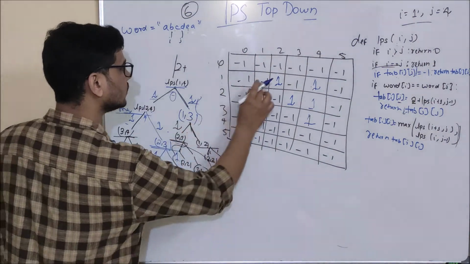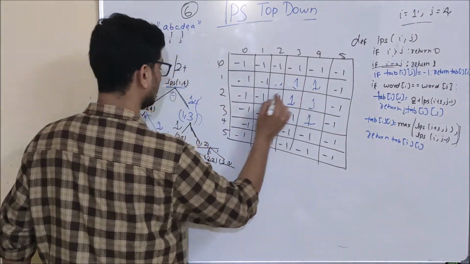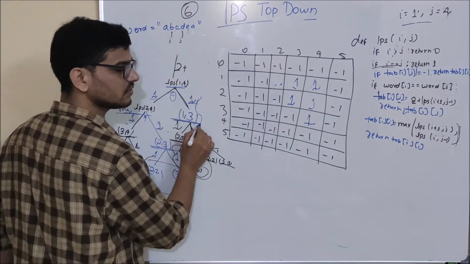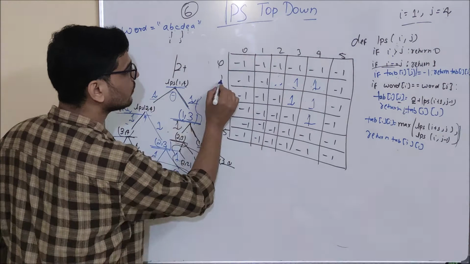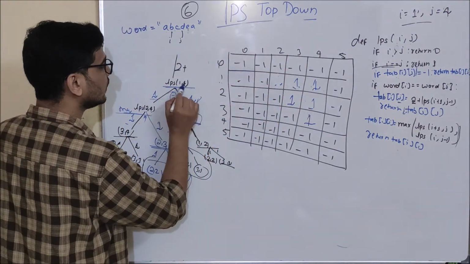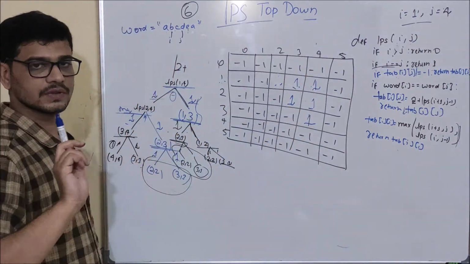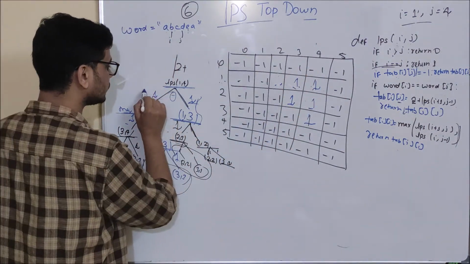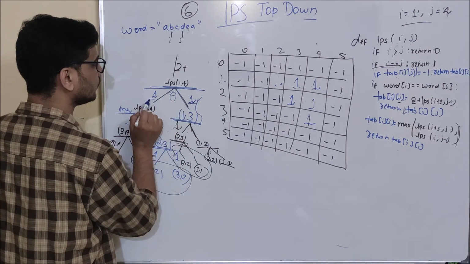Here it is going to update the max between these two. And one more thing, actually this will be updated when LPS of 1 comma 3 returns, it will update tab of 1 comma 3. And here tab of 1 comma 4 will be updated with 1. And next, as you can see, it has returned 1 from here and 1 from here.